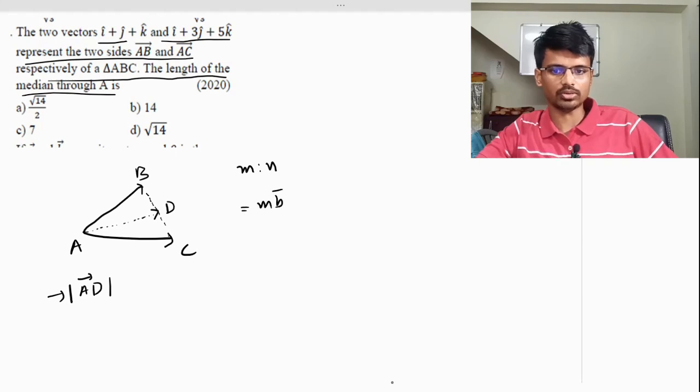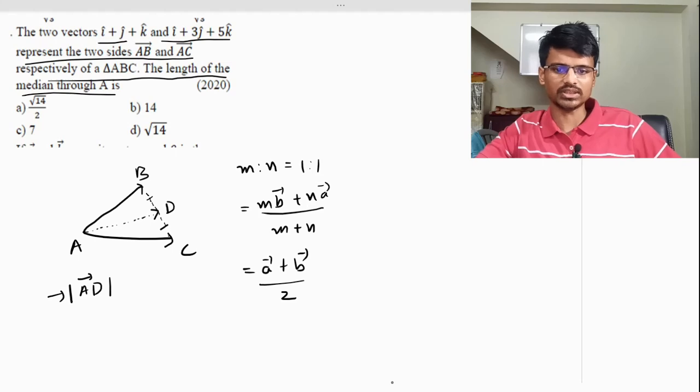I think you remember this, m b bar plus n a bar by m plus n. Here the vector AD is dividing equally because a median joins the midpoints. These two are equal, that means m is to n is equal to 1 is to 1. So this expression reduces to a bar plus b bar divided by 2. Am I right? So I just need to substitute here and I'll get my vector AD.